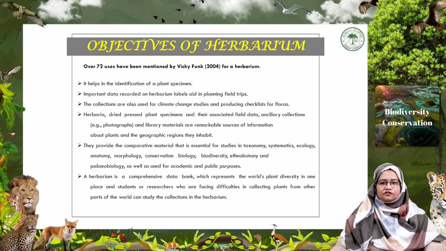The collections are also used for climate change studies and producing checklists for flora. Herbaria, that is dried pressed plant specimens and their associated field data, and ancillary collections, that is photographs and laboratory materials, are remarkable sources of information about plants and the geographical regions they inhabit.